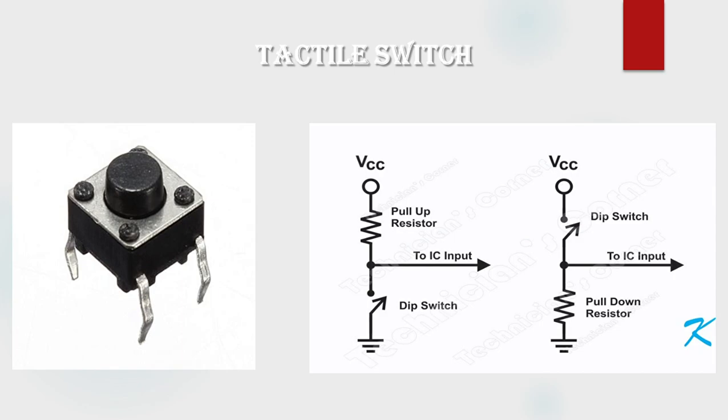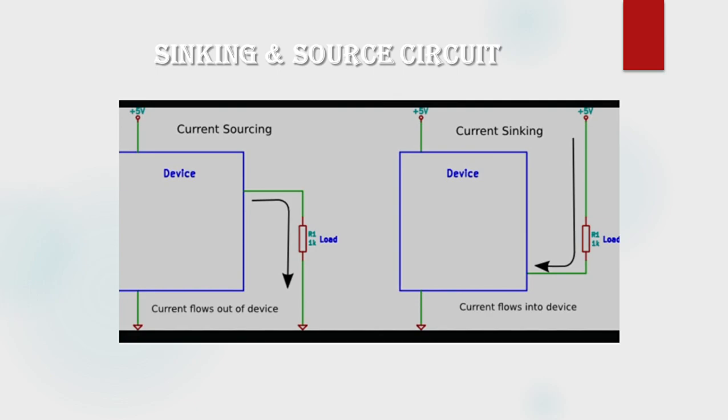Now let me give a brief explanation of the tactile switch. It is also called a push button. A push button has a problem which is called the bouncing effect, which happens when we press the push button, there will be fluctuations of the electrical signal, and it can cause damage to the electronic system.